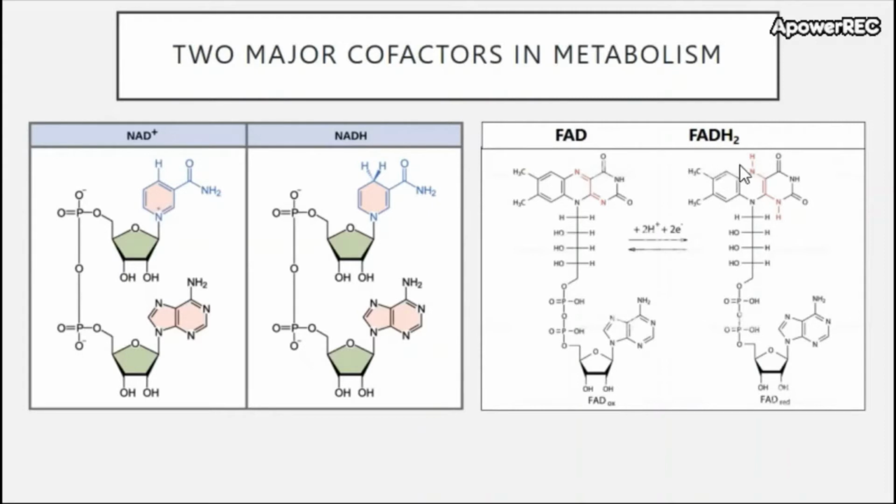For FAD and FADH2, when this molecule gains two hydrogens, it actually also picks up 2 electrons. So if you see FAD with the H2 there, you know that those hydrogens came with those electrons, and that charges this FAD.